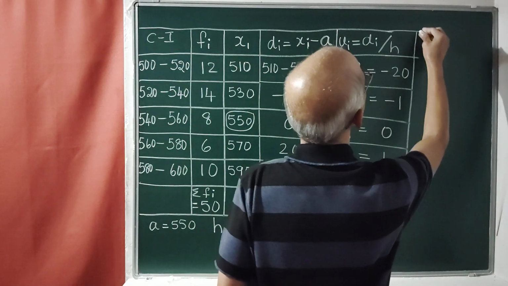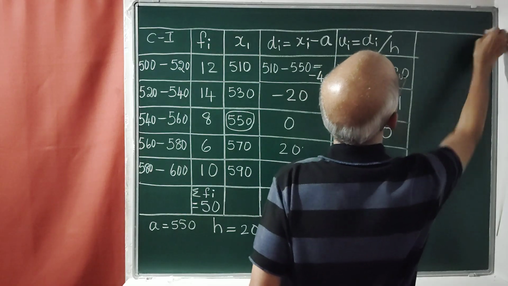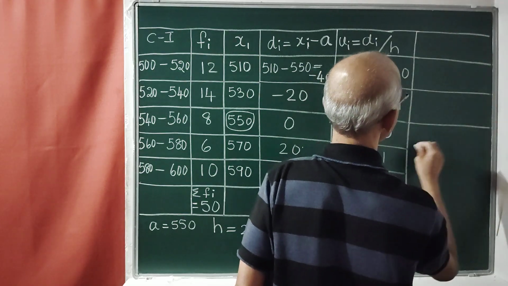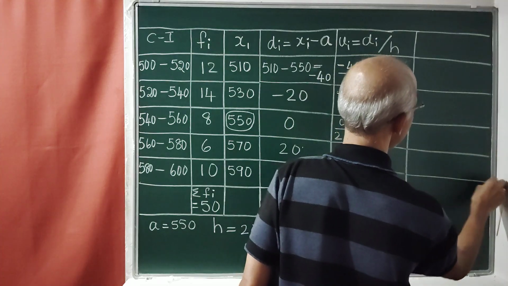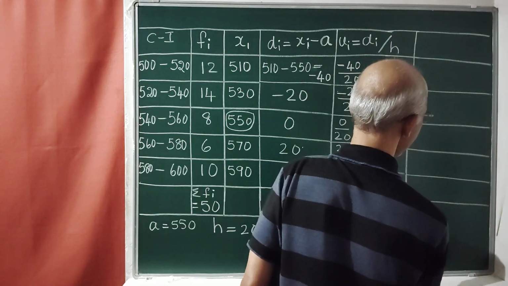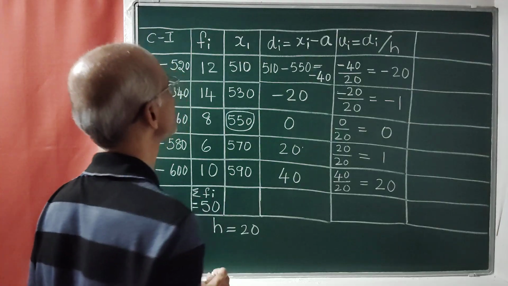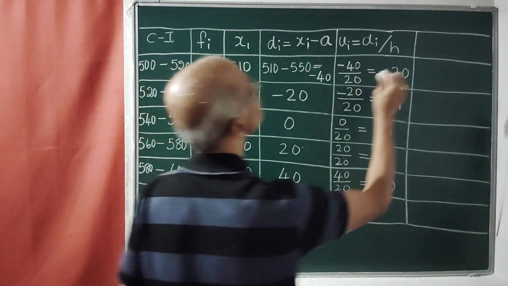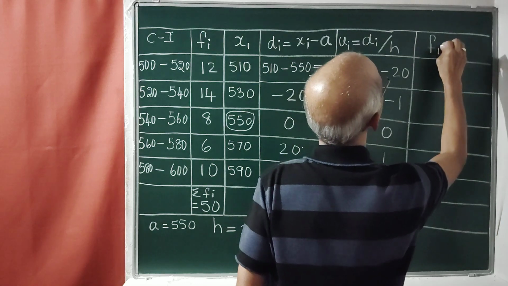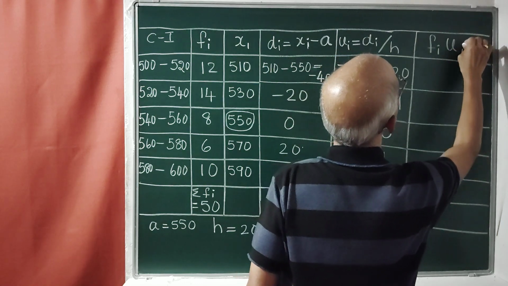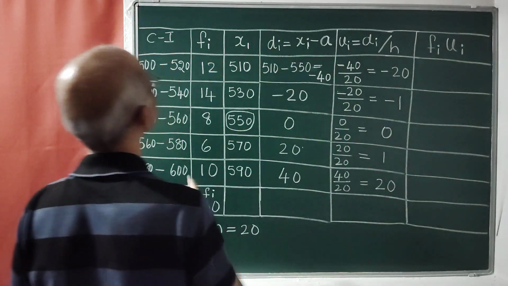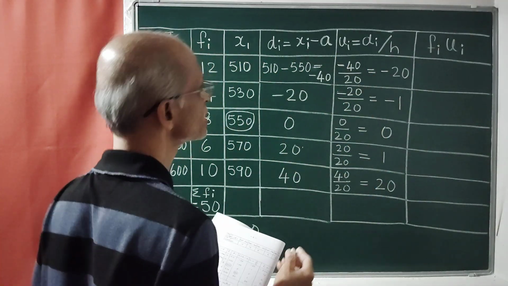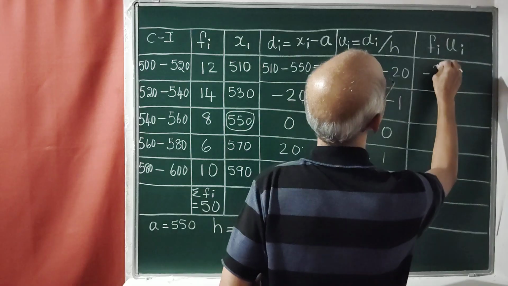Now the last column, we have to find out the value of fi ui, fi into ui. So 12 into minus 2, that is minus 24.